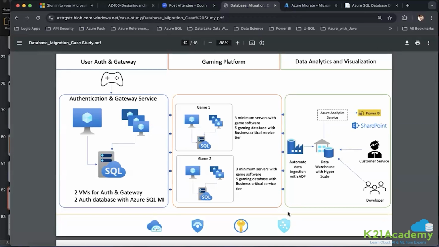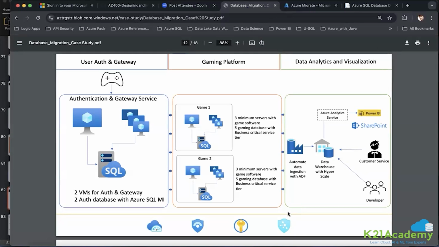Now here, every platform as a service comes up with its own pricing tier as an offering, right? So they come up with business critical or standard pricing tiers, and accordingly your pricing will be applicable.